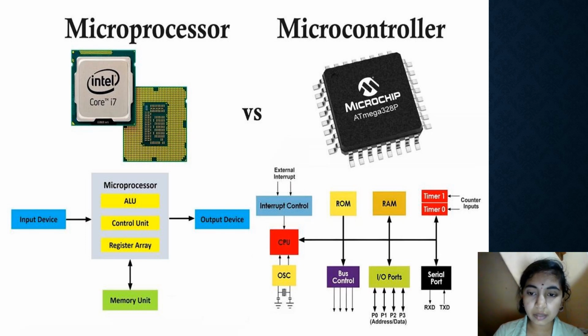These are counter inputs, and it contains a bus controller, and it contains I/O ports, that is P0, P1, P2, P3. It is nothing but port 0, port 1, port 2, port 3, and it is address or data. So next is the serial port. It consists of RXD and TXD. So this is clearly the difference between a microprocessor and microcontroller.